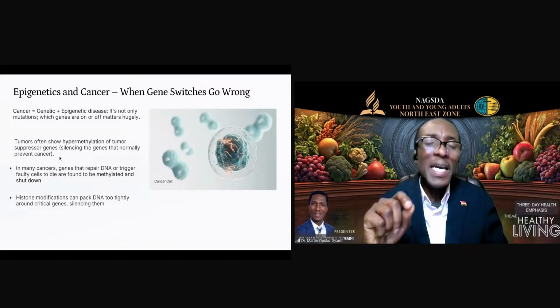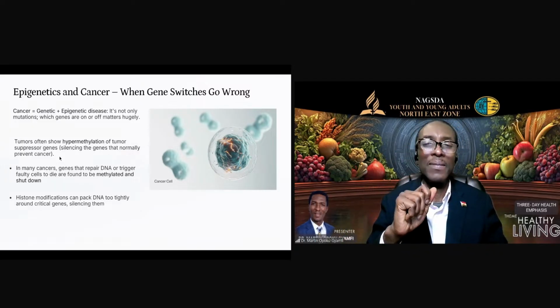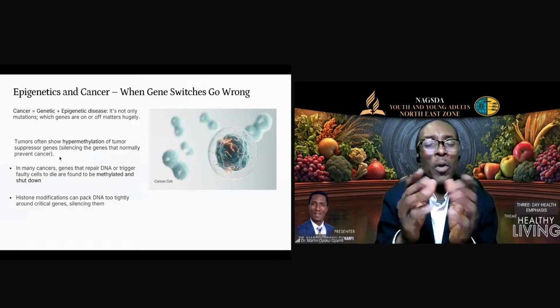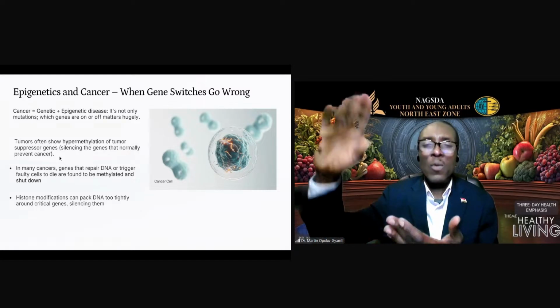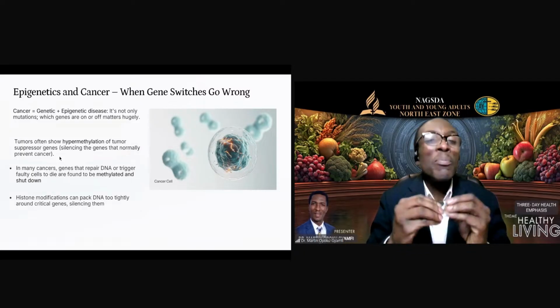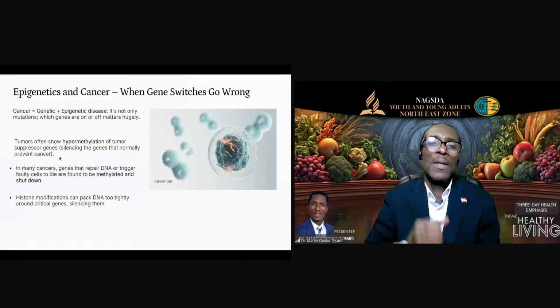Now we have teenagers, 20-year-olds, 30-year-olds getting pancreatic cancer, ovarian cancer, breast cancer, prostate cancer. Prostate cancer previously was for 65-year-old and 70-year-old men. Now we have 35-year-old men and 40-year-old men getting prostate cancer. It is because of epigenetic tags, epigenetic imprinting of the genes.